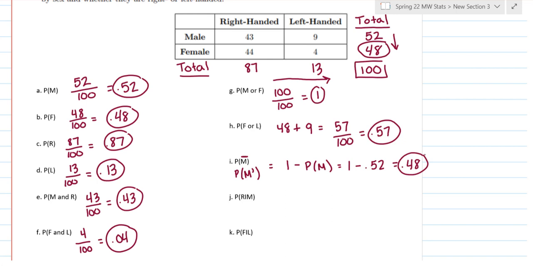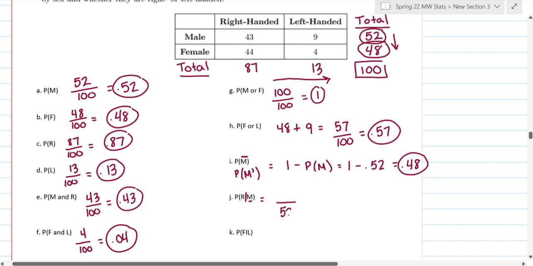Okay, then the givens. So this is right-handed given male. Remember when I said, when we were learning the given probability, that's the denominator. So if it's right-handed given male, I'm going to first only look at the total number of males, 52. Given that it's a male, what's the probability that person's right-handed?